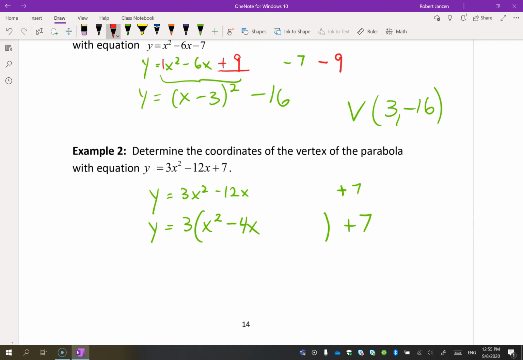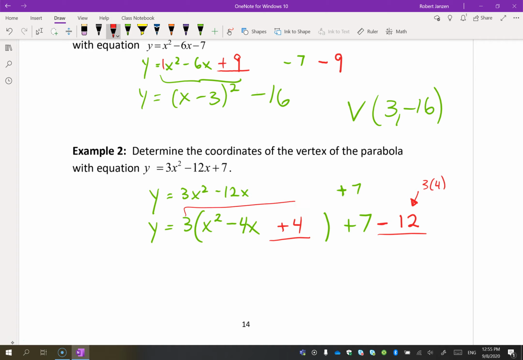Now what would make this a perfect square? Take -4 divided by 2 squared, I get +4. So I put that in here. What do I need to do to compensate? What do I subtract by? It's not 4. It's actually 12. Where is that 12 coming from? It's because it's 3 times 4, right?